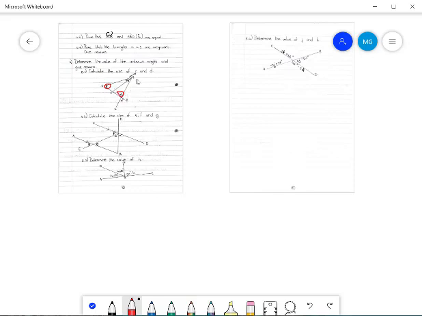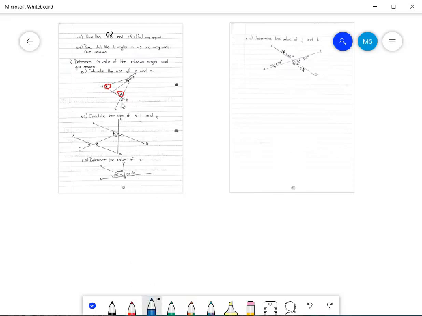Okay, so let's first have a look at what we have here. We have a triangle, and we know that the angles of a triangle add up to 180 degrees. But for me to get that, I need to get at least 2 of these angles to figure out what the third one is.